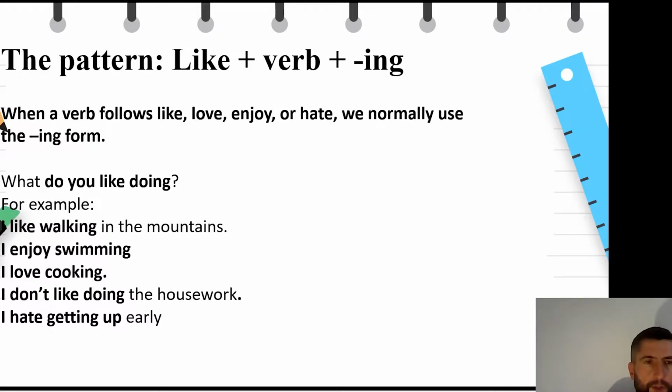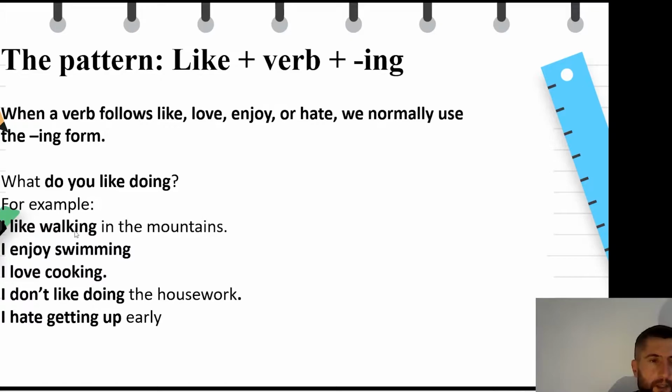But just using the word like may be too repetitive. So what other words can we use to describe our interests and activities? Well, we can use words such as love, enjoy, or hate.